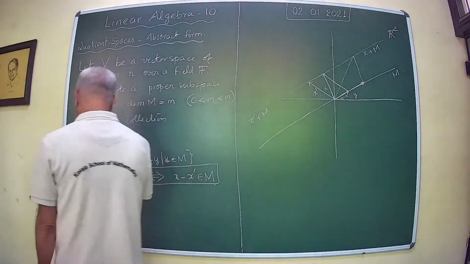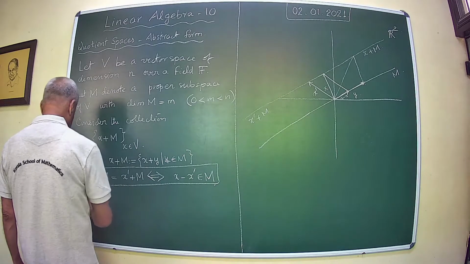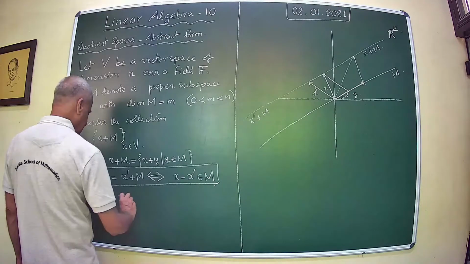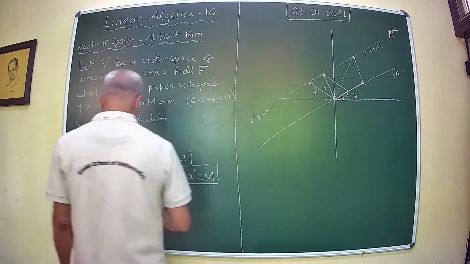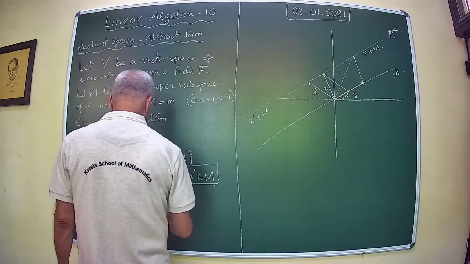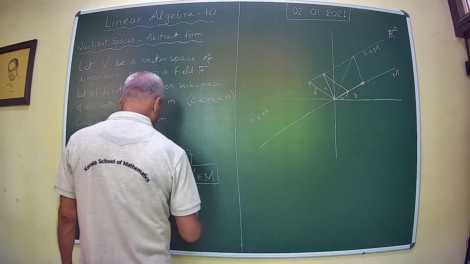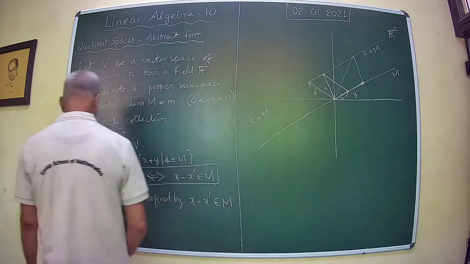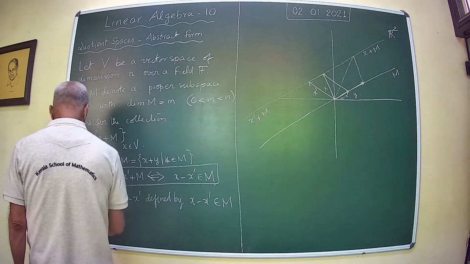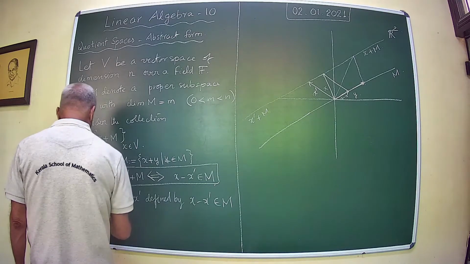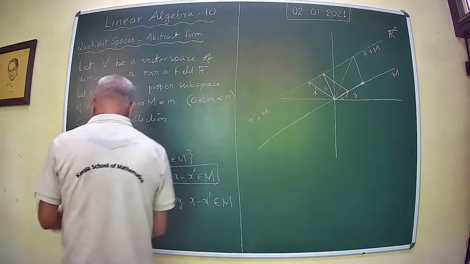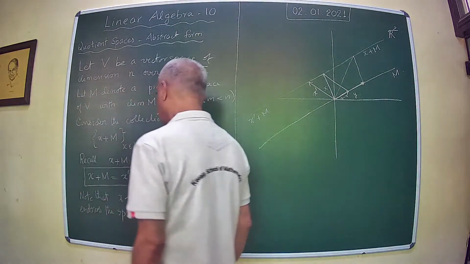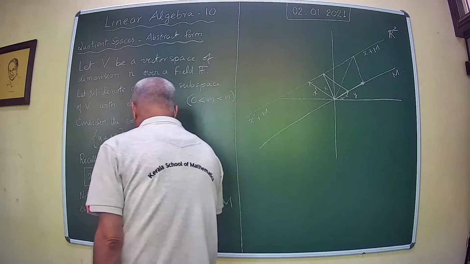So note that x related to x prime, defined by x minus x prime in M, makes the space V a space with an equivalence relation.